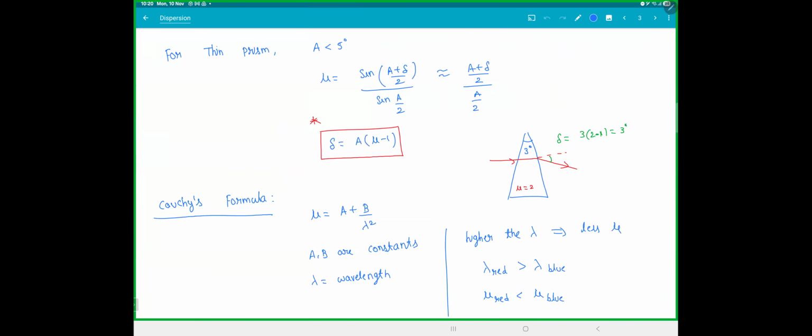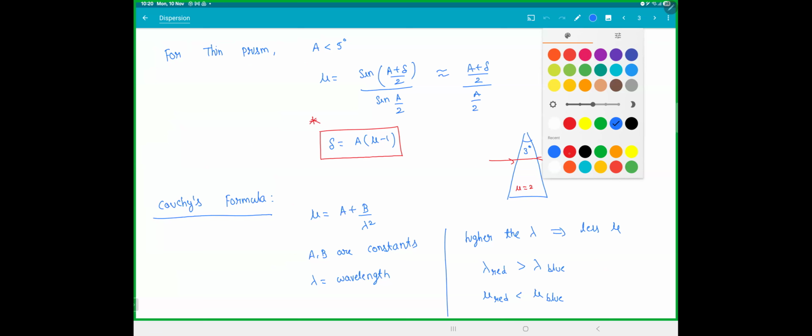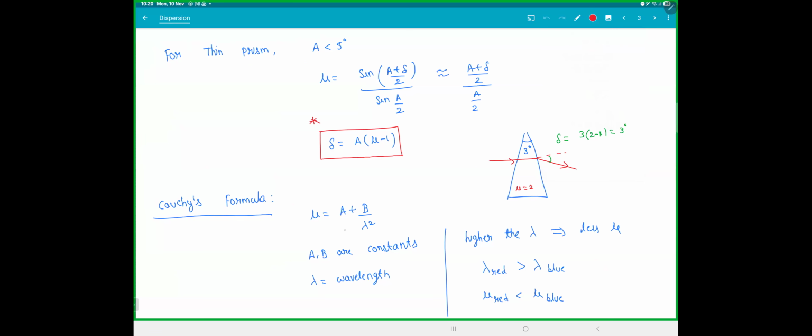Okay, now listen, this is something new from here. Cauchy's law. Cauchy's formula says the refractive index is A plus B by lambda square. So till now, we thought the refractive index depends only on the material. But in reality, mu also depends on the wavelength of the light. We don't know exactly the numbers, but the formula is A plus B by lambda square, where A and B are constants.